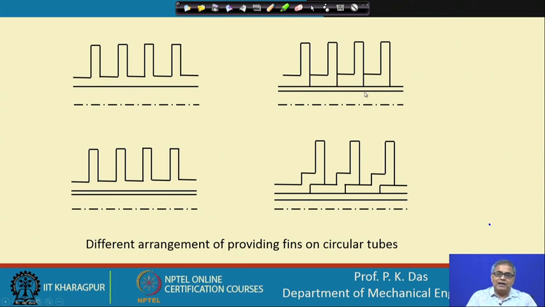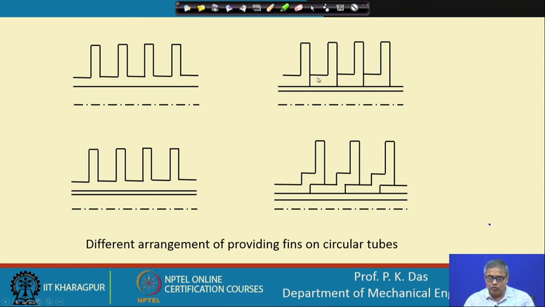Generally for fins, to make the fins thinner and very effective in heat transfer, what do we have to do? We have to use a material with high thermal conductivity, and the cost of that kind of material will be large.